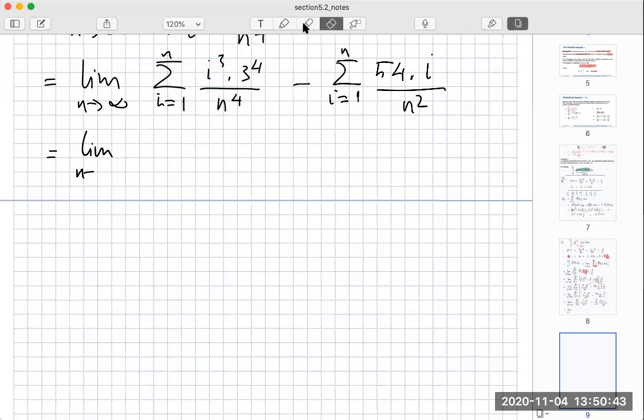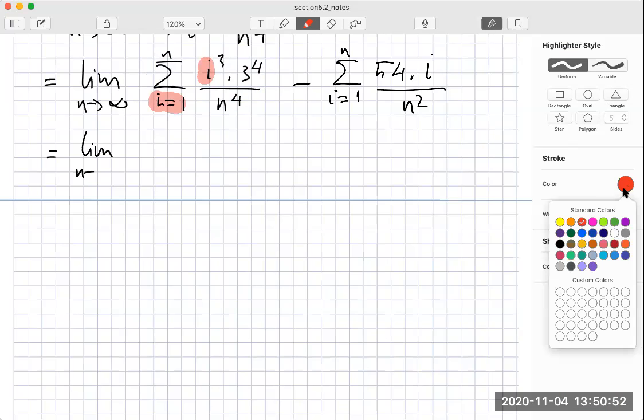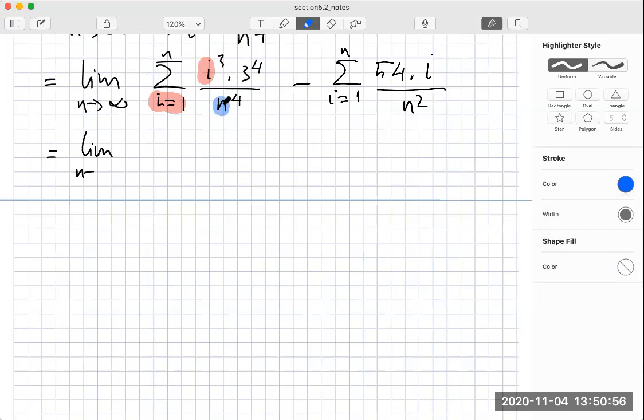Here I is a running number, right? And n here is a fixed number. Do you all see it? Here, 3 to the 4th is also a fixed number. Okay? So we can treat them as a constant.